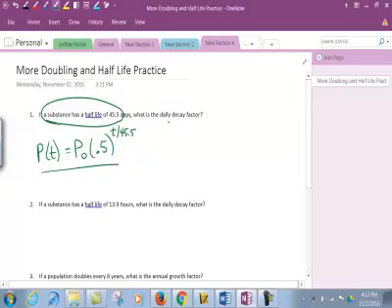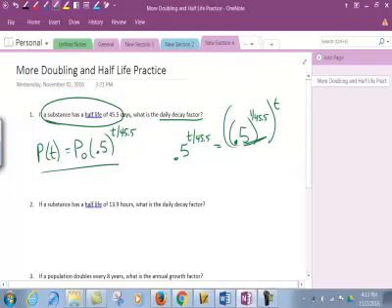To turn it into a daily decay factor, we want to simply look at the 0.5 to the T over 45.5, and rewrite that so that the 0.5 is to the 1 over 45.5 and then to the T. We know that multiplication is commutative, and since we're multiplying T times 1 over 45.5, it doesn't matter the order we apply it.